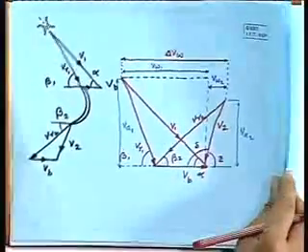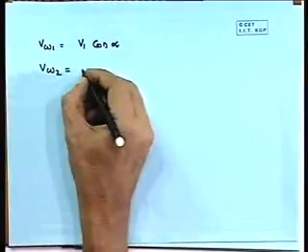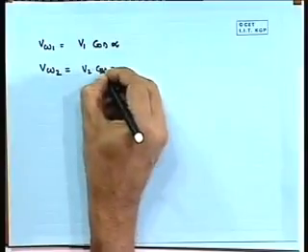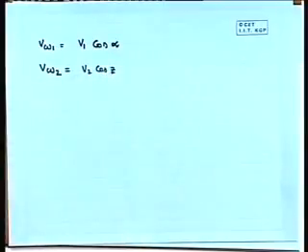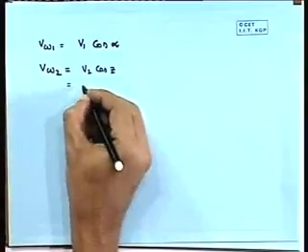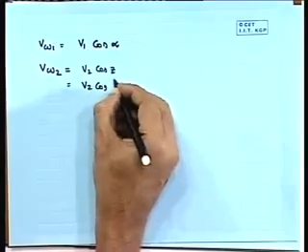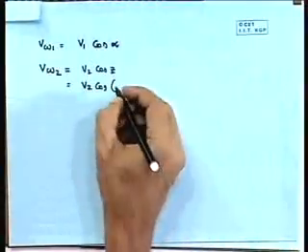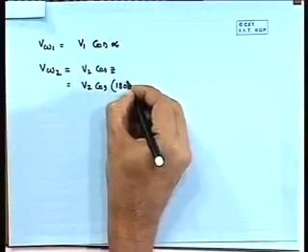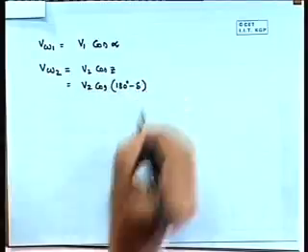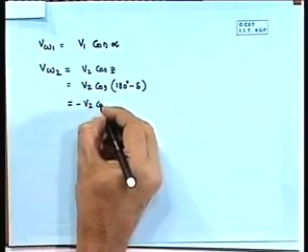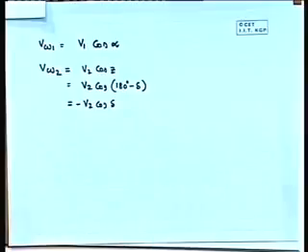V 2 cos Z, then we can write V 2 cos of, from this relationship, 180 degree minus delta. Cos of 180 degree minus delta, so what we will get? Minus V 2 cos of delta.